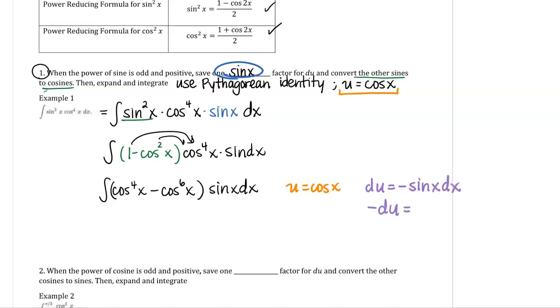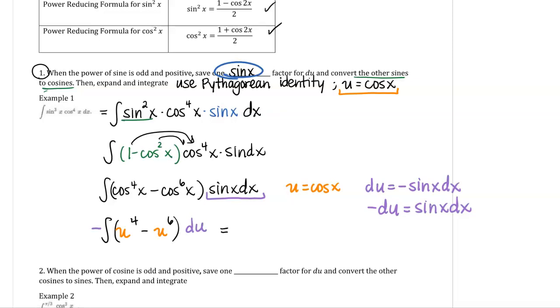I'll just say that a negative du is positive sine x dx, which works out great because that's exactly what we have there. So inside our integral, we have u to the 4th, because we have cosine to the 4th, minus u to the 6th, because we have cosine to the 6th. And then everything else in purple is picked up by a negative du.